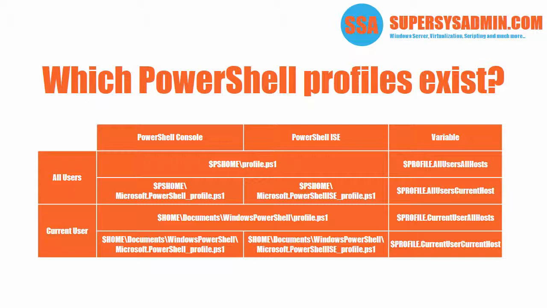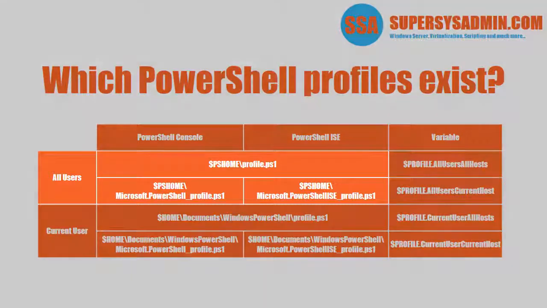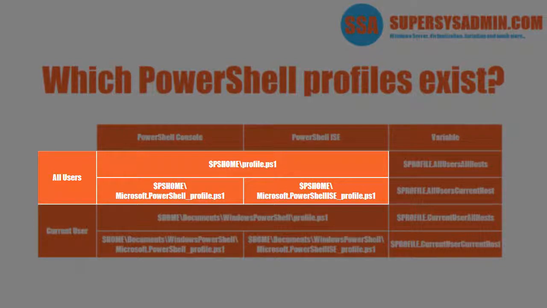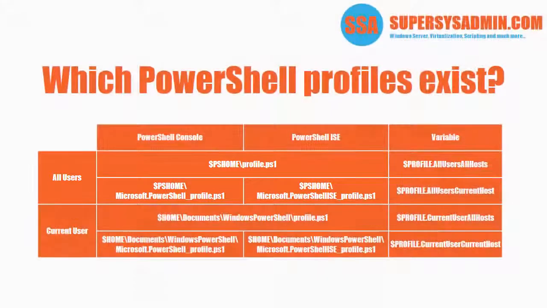On a standard Windows installation, 2 types of host exist. The regular PowerShell console, which can be called by running PowerShell.exe, and the PowerShell ISE, which can be called by PowerShell_ISE.exe. So let's have a look at which profiles can possibly be loaded. On the first layer, we have the profiles which apply to all users on a computer.